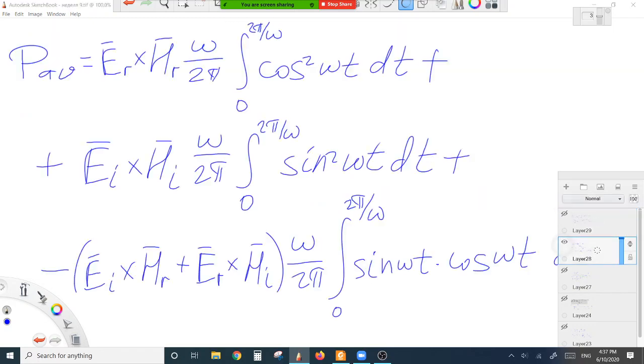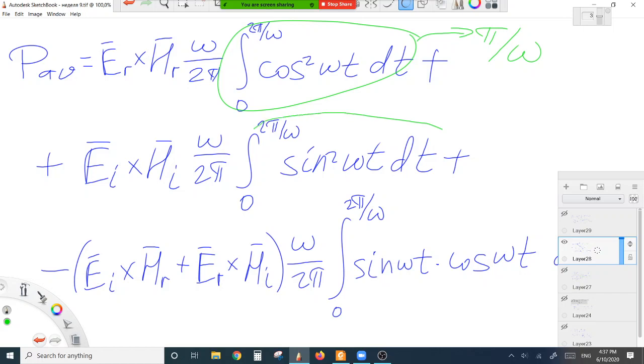The value of the first integral is π over omega. Now let's compute the second integral.